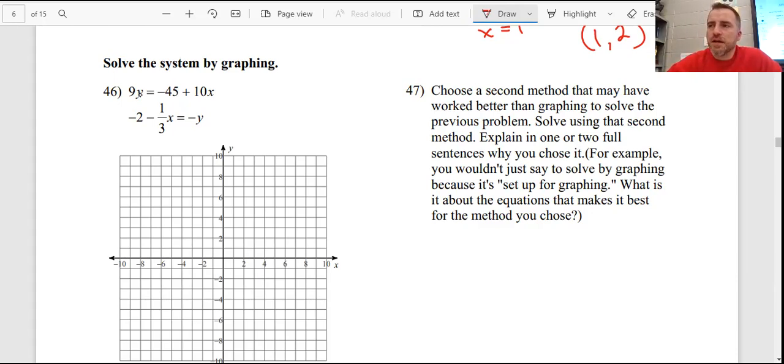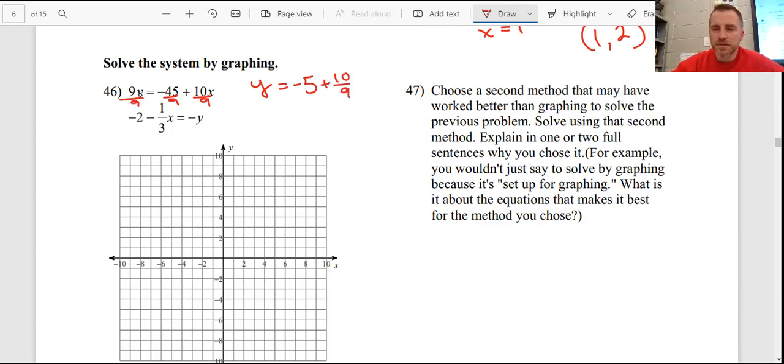I need them to be set. I need them to be solved for y. So I'm going to divide this whole first equation by 9, because 9y divided by 9 is just y. Negative 45 divided by 9 is negative 5 plus 10 over 9x.